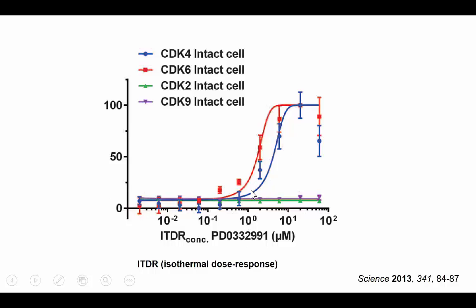And can you tell which protein is more sensitive to this compound? Yes, it should be this red protein, CDK6. Even at lower concentration of the compound, stability increased better. That means sensitivity or susceptibility of the protein is much higher for CDK6 than CDK4.